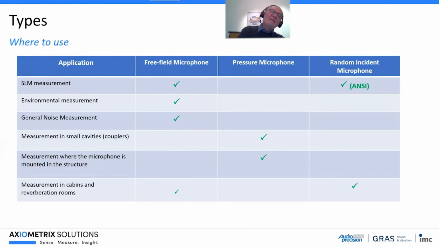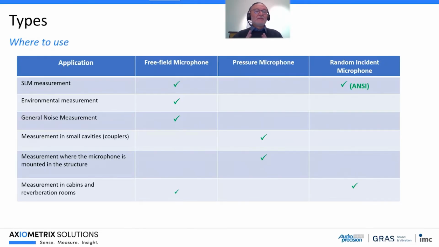For environmental measurements and general noise measurements, you will normally use a free-field microphone. If you do measurements in small cavities, it could be couplers like ear simulators and things like that, then you will use a pressure microphone.